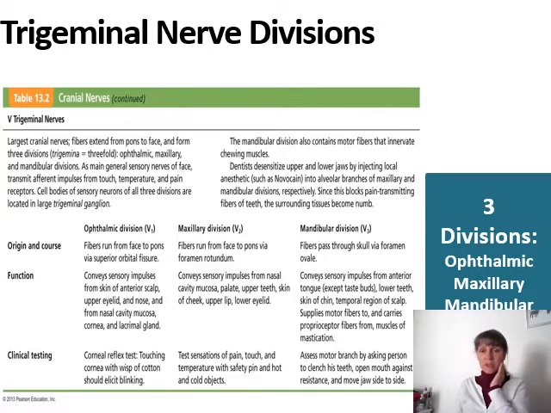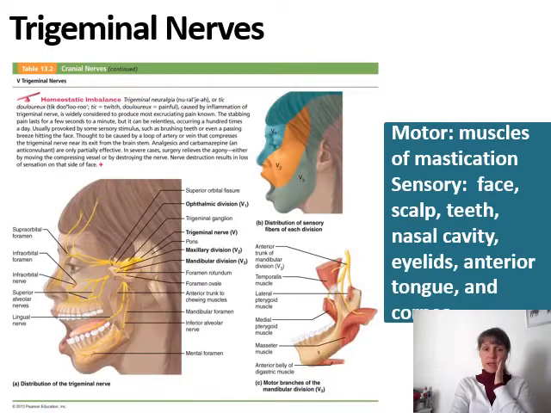Okay, motor fibers to muscles of mastication come from the mandibular division of the trigeminal nerve. Okay, here we can see the ophthalmic, the maxillary, and the mandibular divisions of the trigeminal nerve, cranial nerve 5.